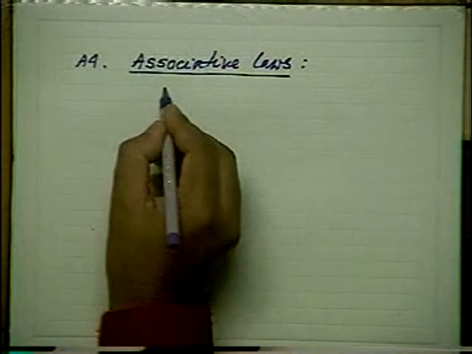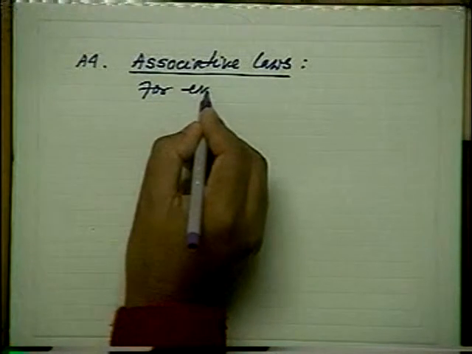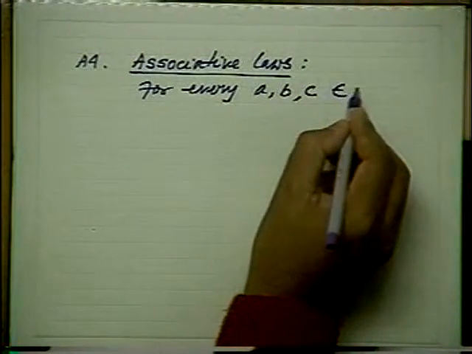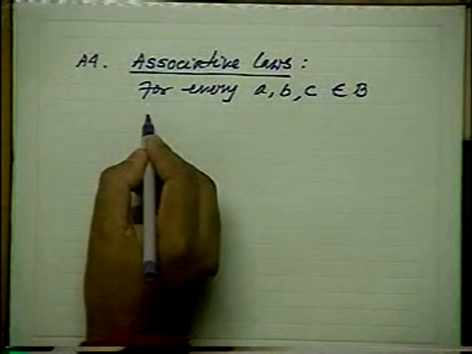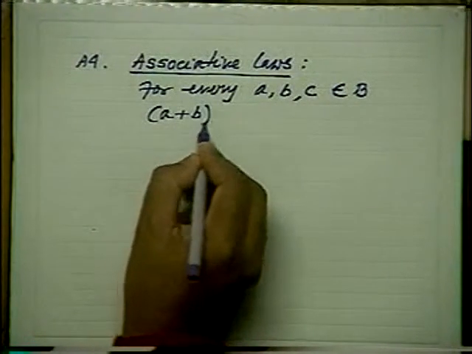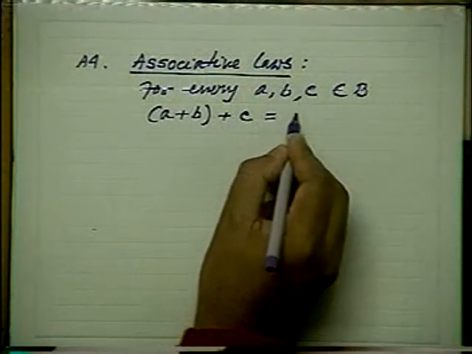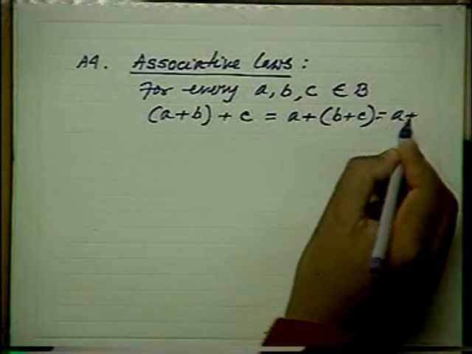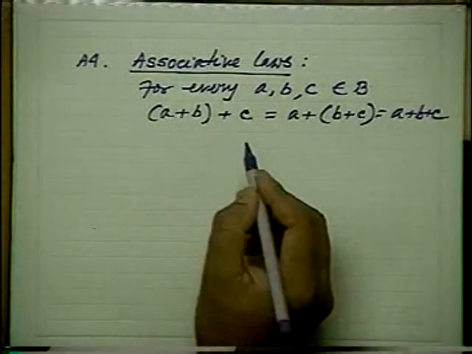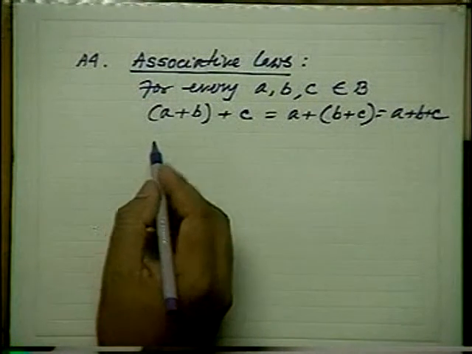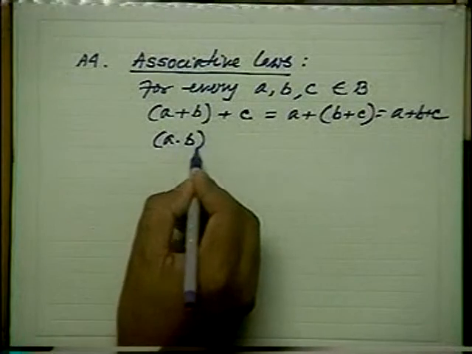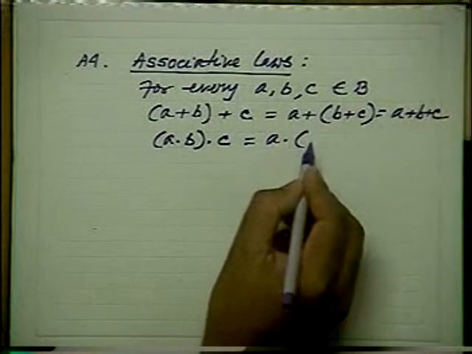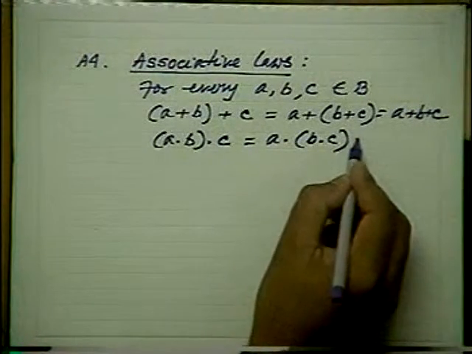For every A, B, C contained in B, A plus B plus C is equal to A plus B plus C, grouped either way. Similarly, A dot B dot C is equal to A dot B dot C, grouped either way.